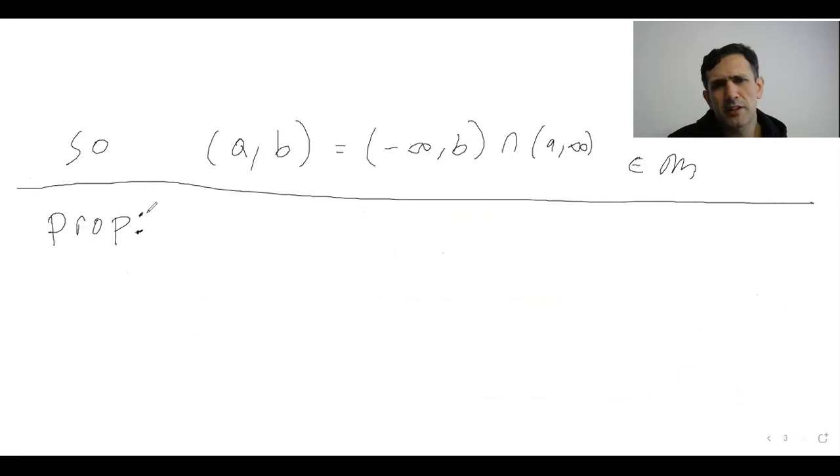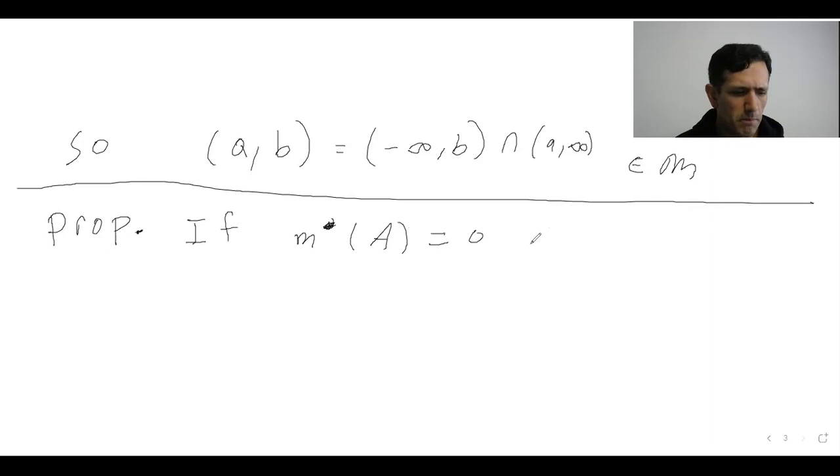I think it's worthwhile to just get this out of the way because it's such a quick little proposition. So the proposition is as follows. Let's say I have any subset A of the real line that has measure 0, meaning the outer measure of A is 0.